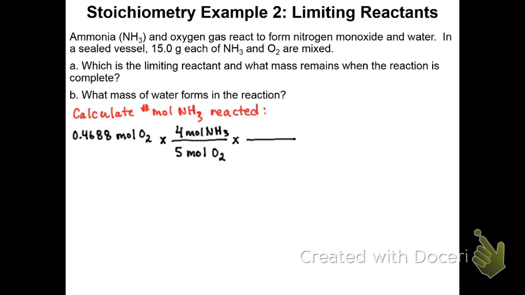And then I'll continue it in one calculation. So that will give us moles of ammonia, but we want to know grams. So if we have 1 mole of ammonia, the molar mass is 17.03.